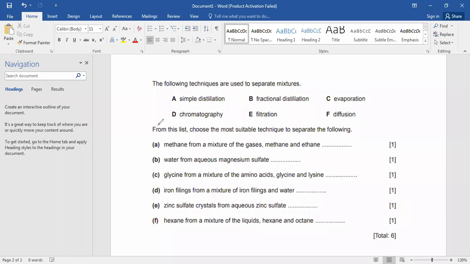Okay. Yeah, see the question. Methane from a mixture of gases, methane and ethane. So they mention these are gases. So that means you have to do diffusion, right? And water from magnesium sulfate, same salt. So to separate water, what have we seen?